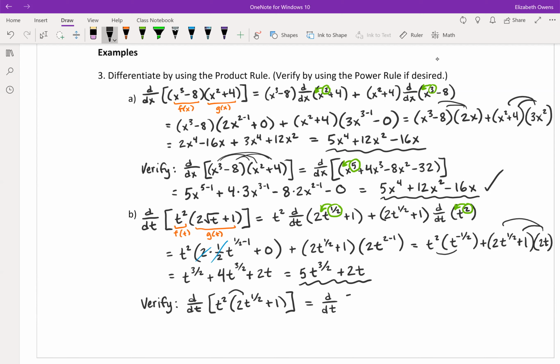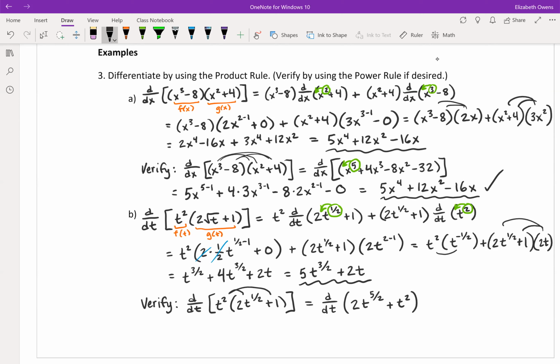Derivative with respect to t of, we're going to ditch the interior parentheses here. We're going to have 2t to the 5/2 power, because that's 2 plus 1/2. 2.5 is 5/2. Okay. And then distributing here, that would be plus t squared.